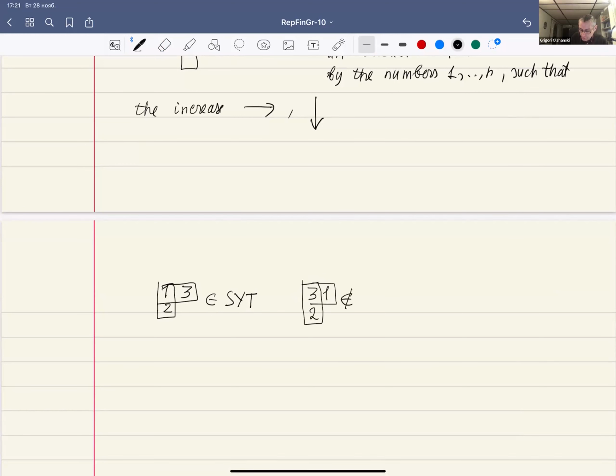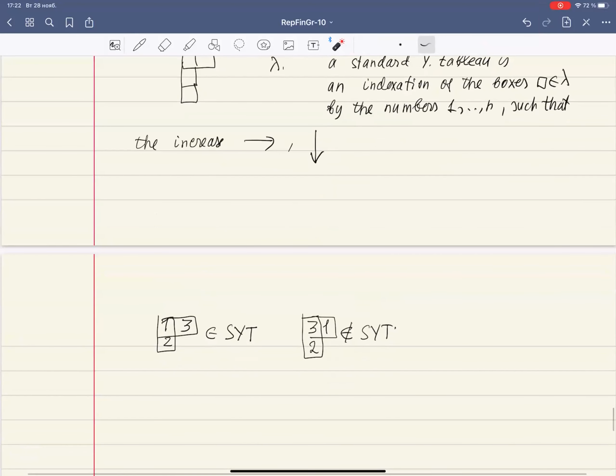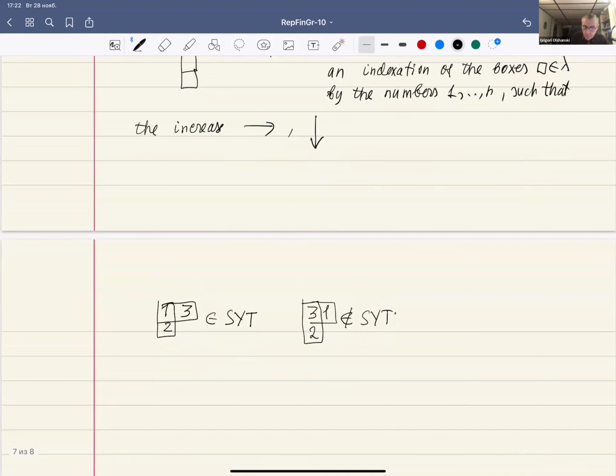So this is not standard, because in the first case the numbers increase, and in this case they do not increase, they decrease. Without repetitions of numbers, yes.